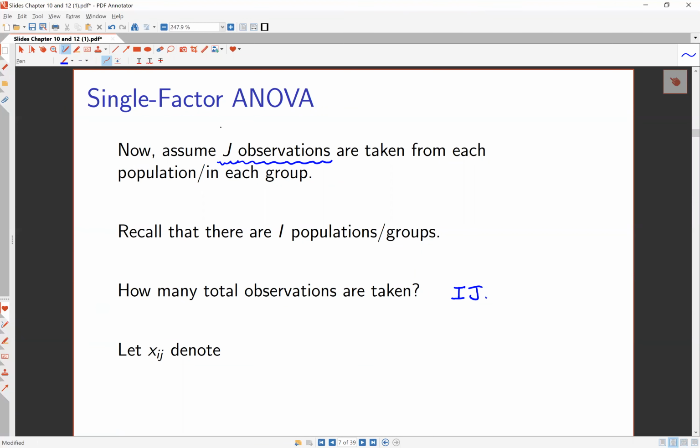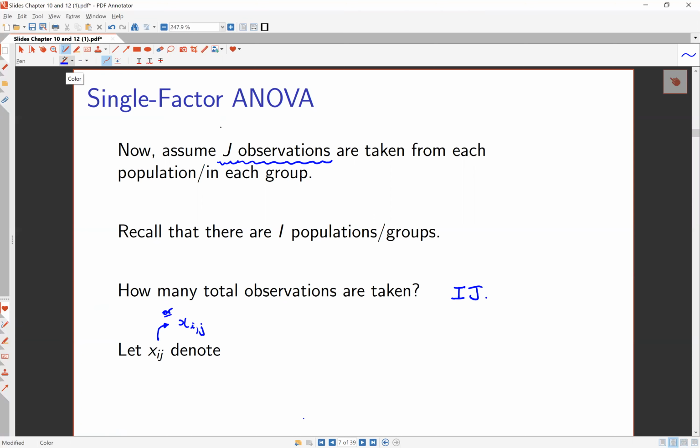For our data notation, we therefore need 2 different subscripts, subscript i and subscript j. Usually they're just written next to each other, but if it helps with clarity, you can always stick a comma between the 2 subscripts, so i comma j. But if it's clear from context, we typically don't worry about the comma.